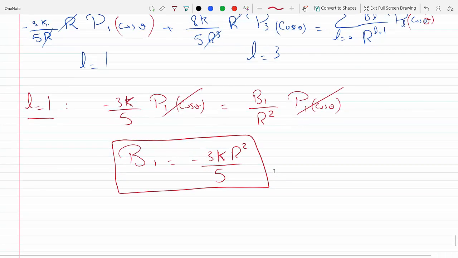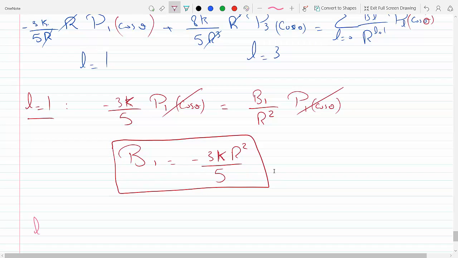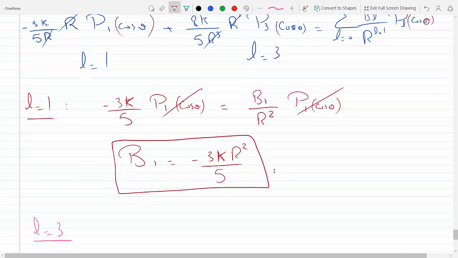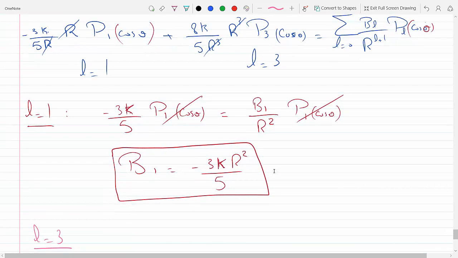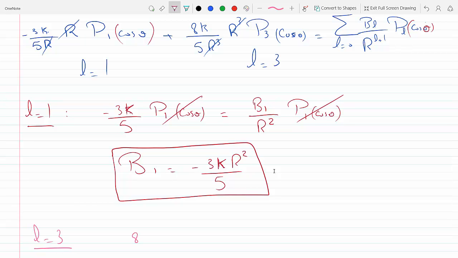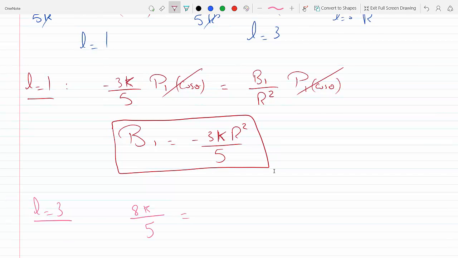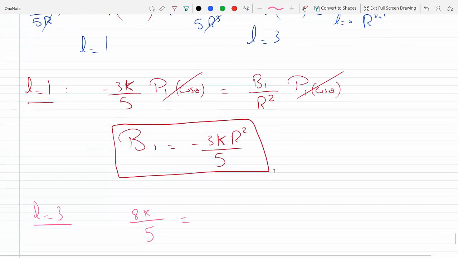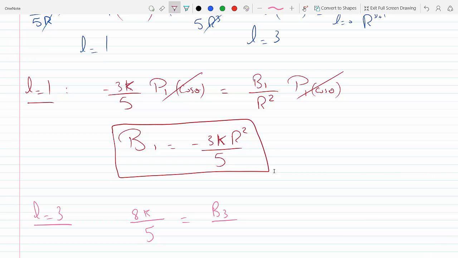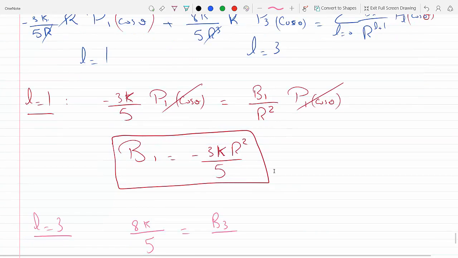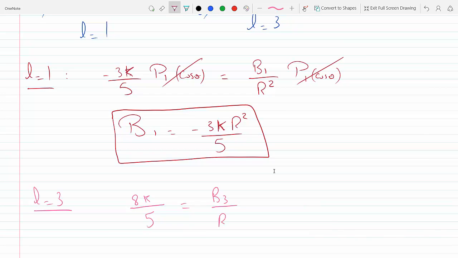That's the first B. And if L equals 3, then we equate that to the third Legendre polynomial coefficient. So we get 8k over 5 equals B3 over R^4.